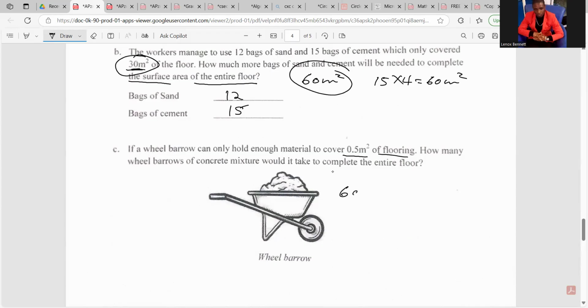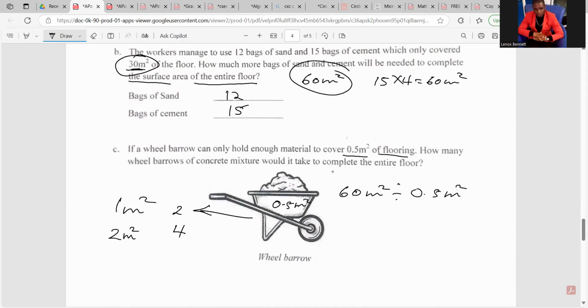Now, the entire floor is 60 meters square. So what we're going to do is divide that by 0.5 meters, because every time the wheelbarrow pulls, this is a carry. Think about it, guys. How many trips would you need to make to get to 1 meter square? You would have to make 2 trips, right? To get to 2 meters square, we have to make 4 trips. So you can see that it's like a double.